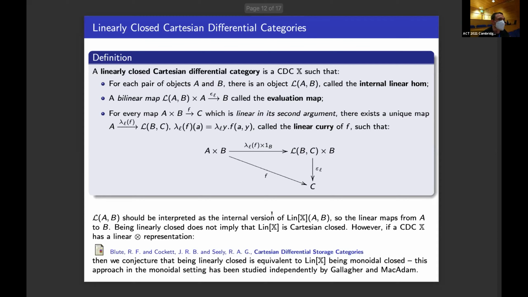Oh, I see. The short answer is no, because in the definition of closed, you also assume a unit. But it would be one of these non-unital closed examples. Right, yeah. The non-unital closed categories of Schulman. Yeah. Thanks.